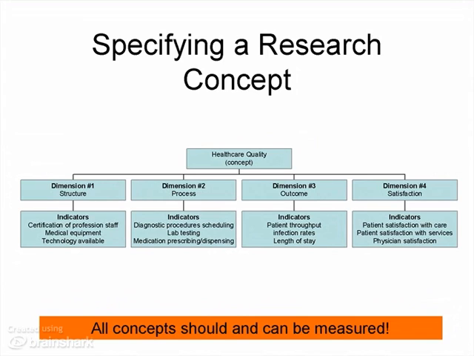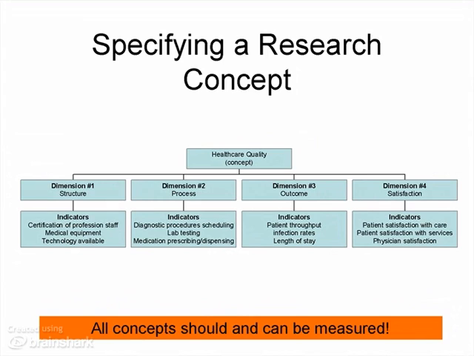And it really depends on what dimension of healthcare quality you want to measure and how you want to go about doing that. And as you can see from this graph, there are different dimensions, and under each dimension is an indicator that may help in measuring the construct.